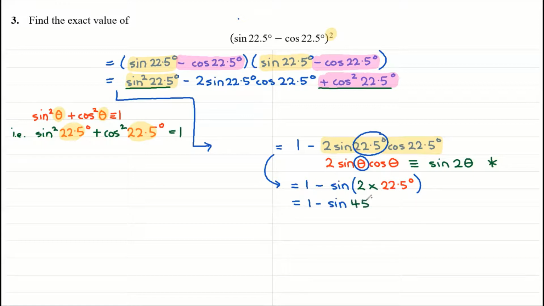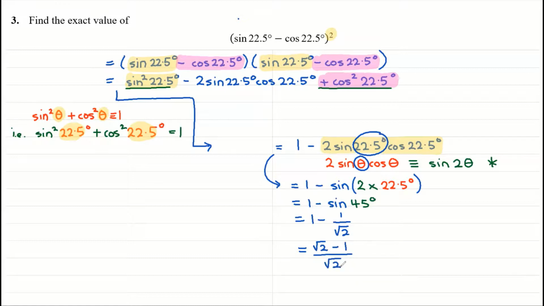Isn't that wonderful? Now, we know a lot about the sine of 45 degrees because we've used it many times before. This is just going to be the same as 1 subtract 1 over root 2. And technically, that's the correct answer. We can actually write that as a single fraction, of course. Now, if I write that as a single fraction, this is going to equal root 2 subtract 1 all over root 2.